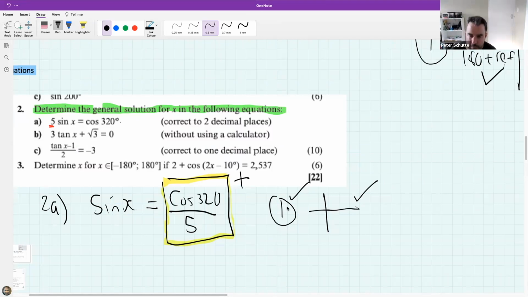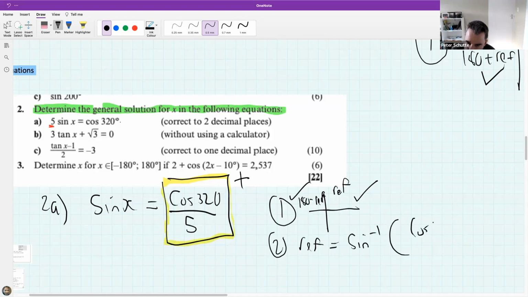Okay, so we know it's going to be in quadrant 1, which will be my reference angle, or it'll be in quadrant 2, which is 180 minus my reference angle. Step 2, what is my reference angle? It's simply going to be the inverse sine of this whole thing. There will be some slight rounding differences if you don't leave it like this, but if you go shift sine and then cos 320 over 5, what do you get for your reference angle?